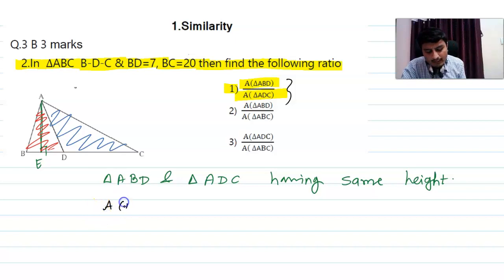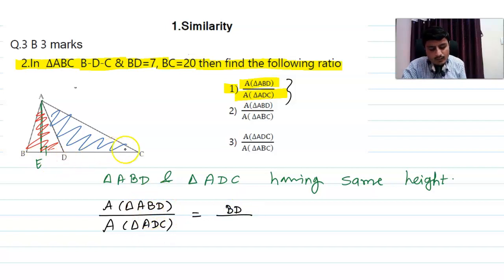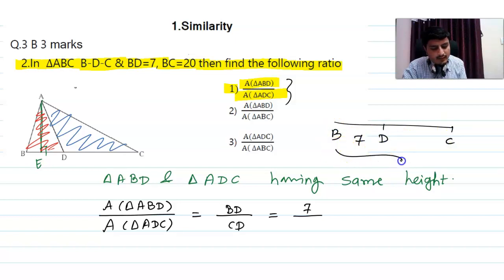So we have area of triangle ABD divided by area of triangle ADC equals, ABD's base BD divided by ADC's base CD. What is the value of BD? Look at the given data. BD is 7. And now what is the value of CD? The points are collinear, B, then D, then C, among them BD value is 7 and overall BC is given as 20.